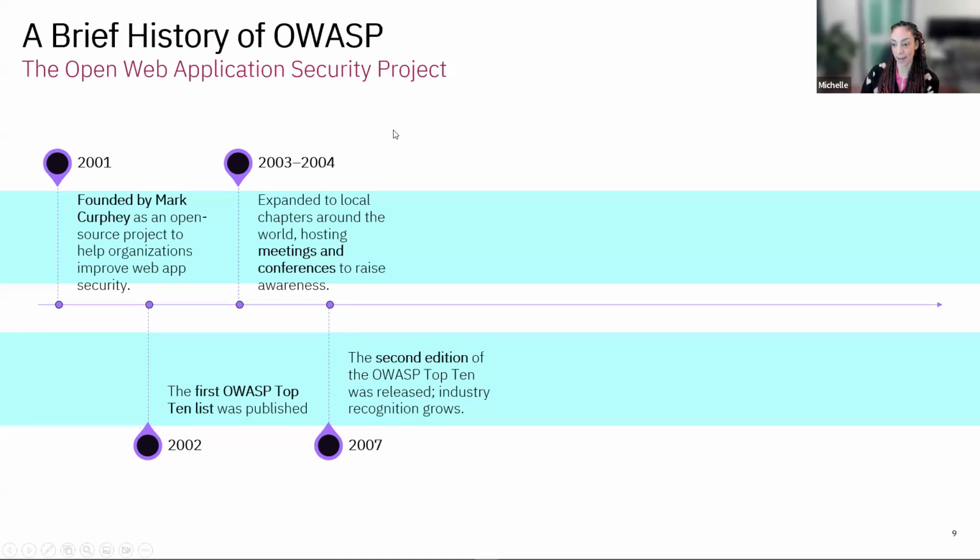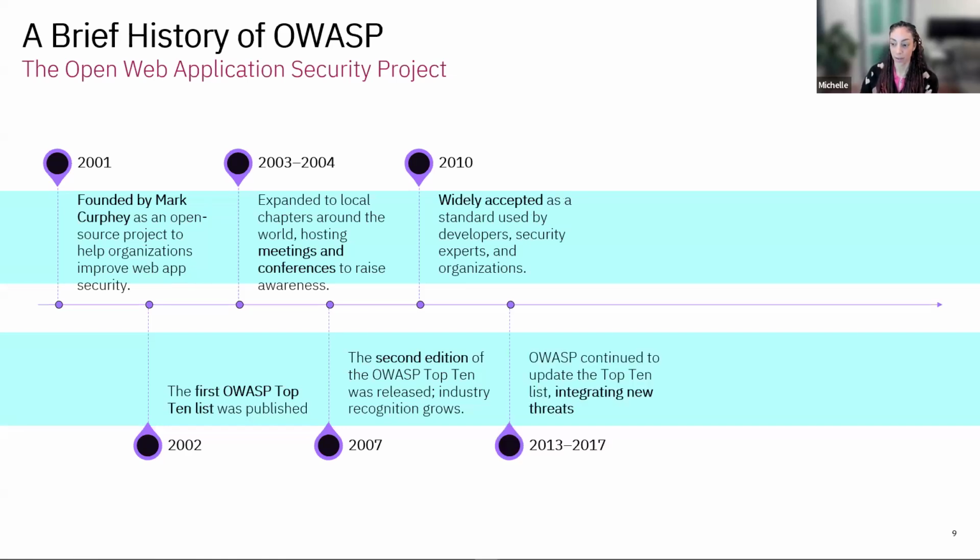Really cool setup. 2007, the second edition was released. Industry recognition was growing. 2010, it began to be widely accepted as a standard used by devs, security experts, and organizations. 2013, 2017, it continued to update the top 10 list, integrating new threats. 2019, there was more focus on software assurance models, secure code became more of a focus, and other projects like the OWASP Application Security Verification Standard.